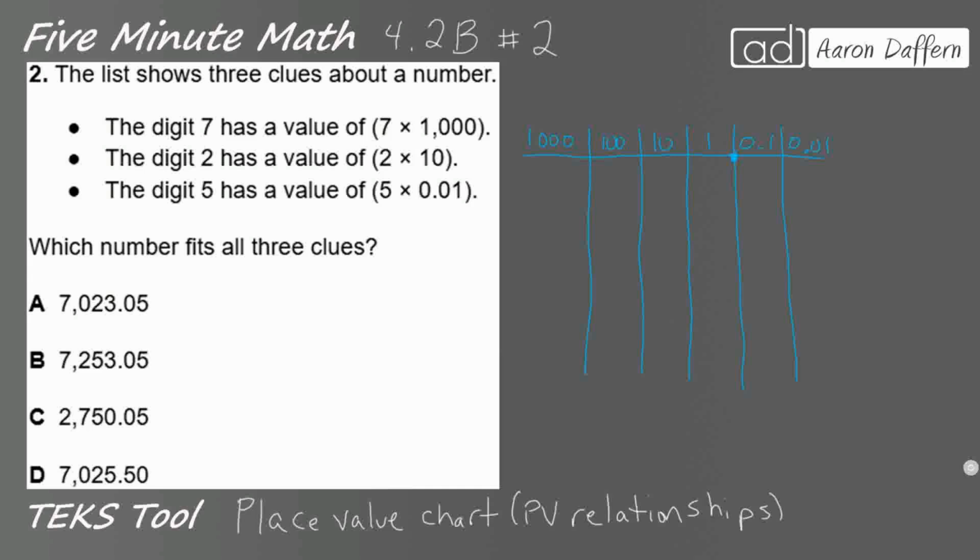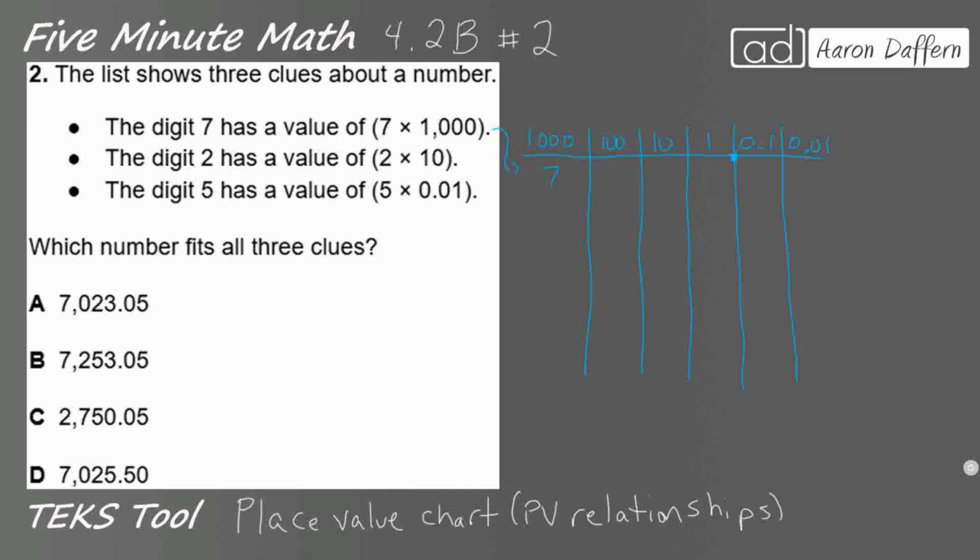So the digit 7 has a value of 7 times 1,000. The thousands place I've already listed with the number 1,000 rather than a TH. So I'm going to put my 7 right there. That's my first clue. Now, the digit 2 has a value of 2 times 10.